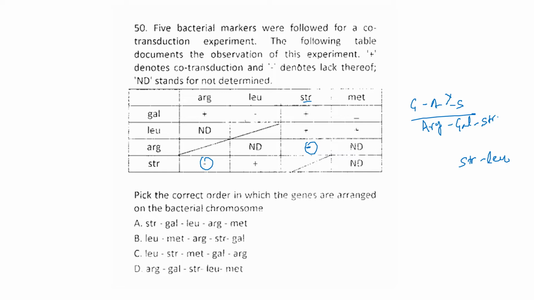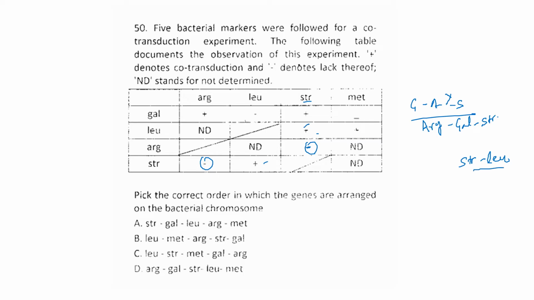Now from this we see leucine is co-transduced with streptomycin and met. So from this we have deduced that streptomycin and the leucine marker are co-transduced, and similarly over here.